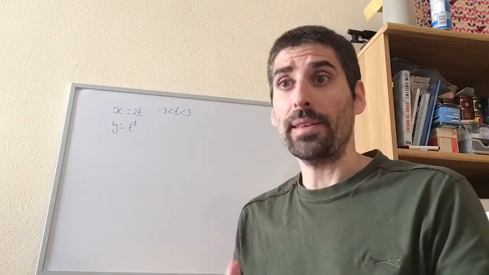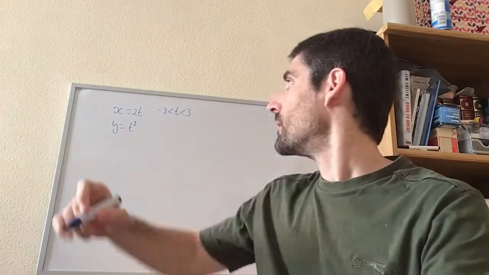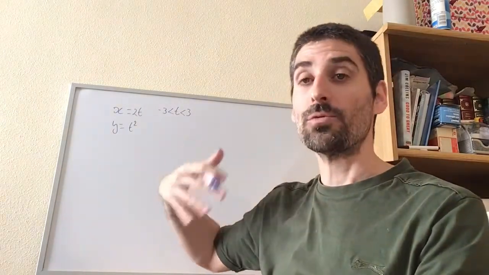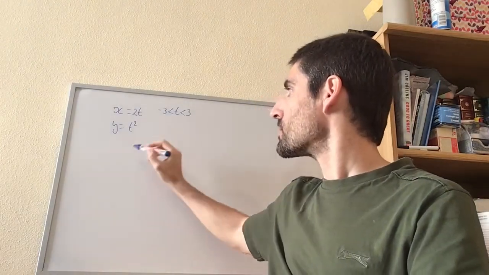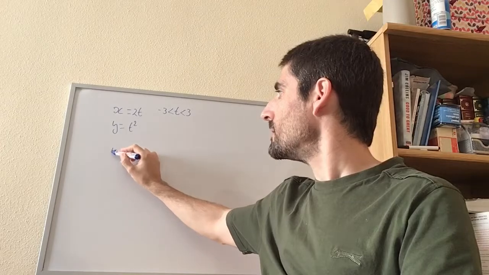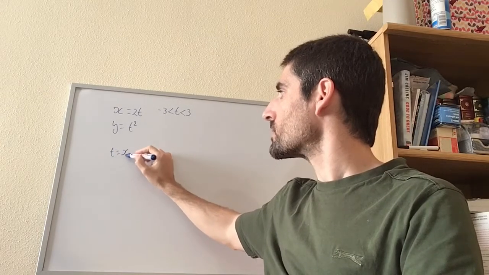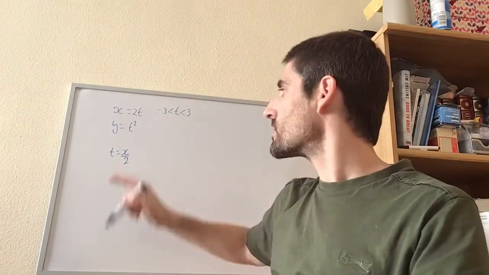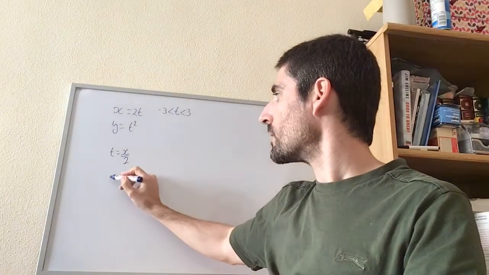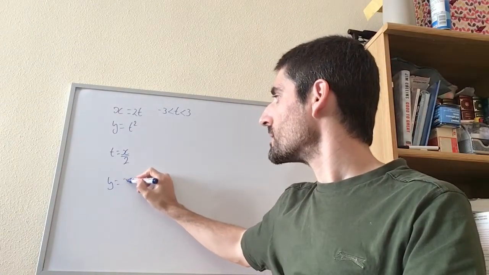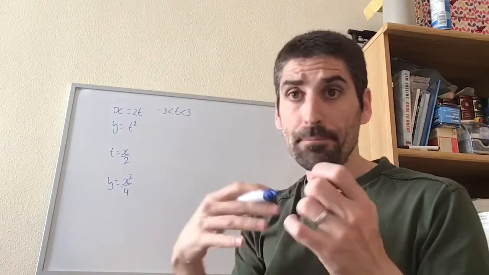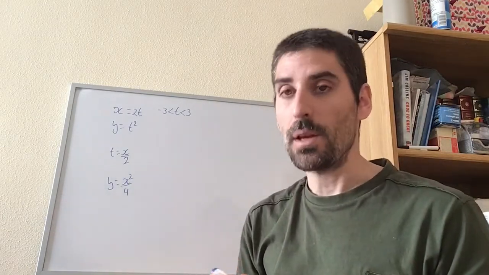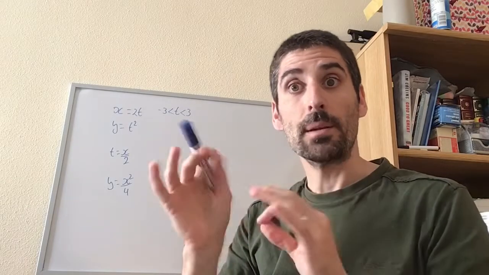It's just manipulating the algebra and substituting. If I wanted to find the Cartesian equation, all I had to do was write t as x over 2 from the first equation, and then sub it into the second one. So y equals x squared over 4, and that's the Cartesian equation. Literally a little bit of algebra.